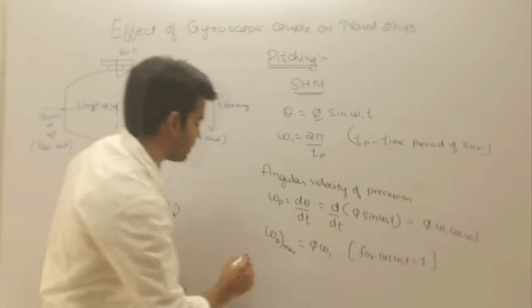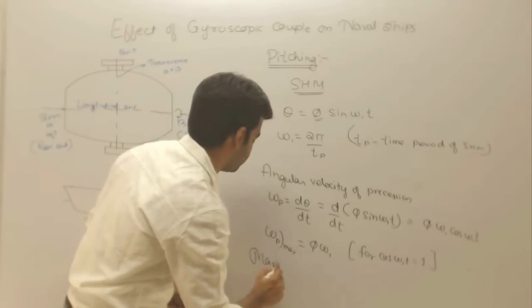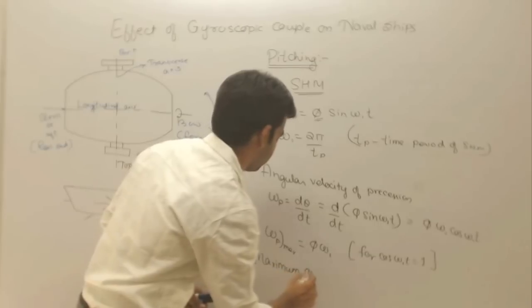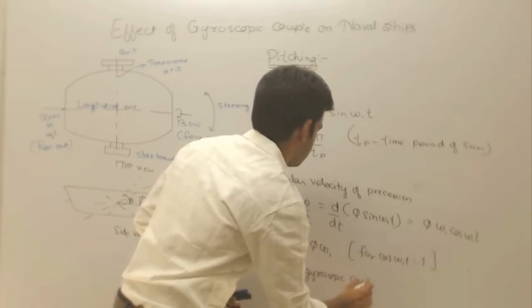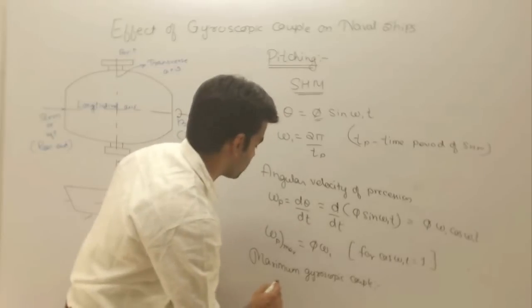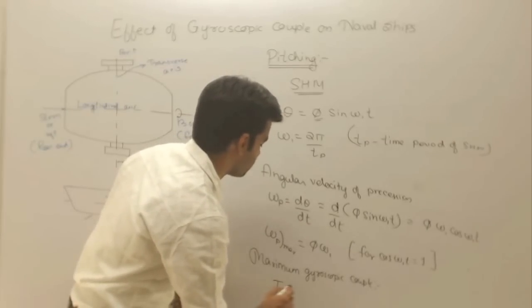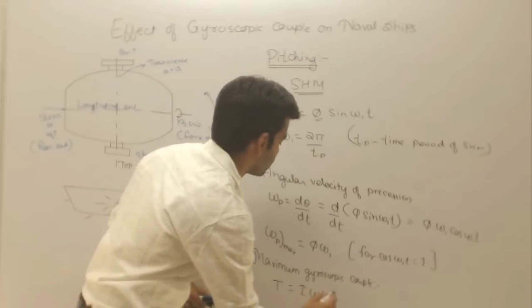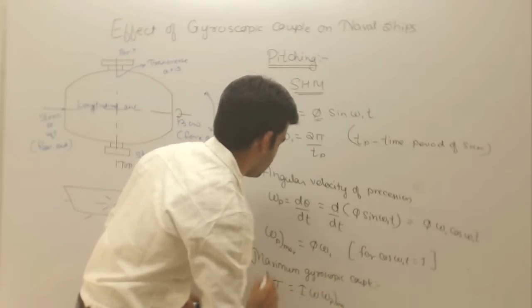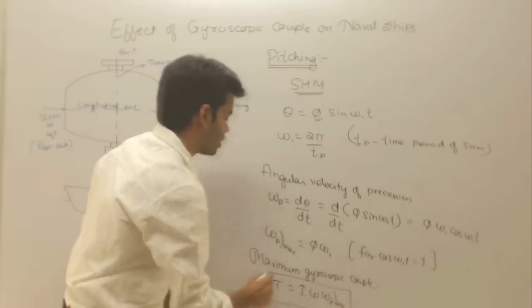So what will be the maximum gyroscopic couple? This maximum gyroscopic couple T will be equal to I into omega p max. That's it. So this is the magnitude of maximum gyroscopic couple.